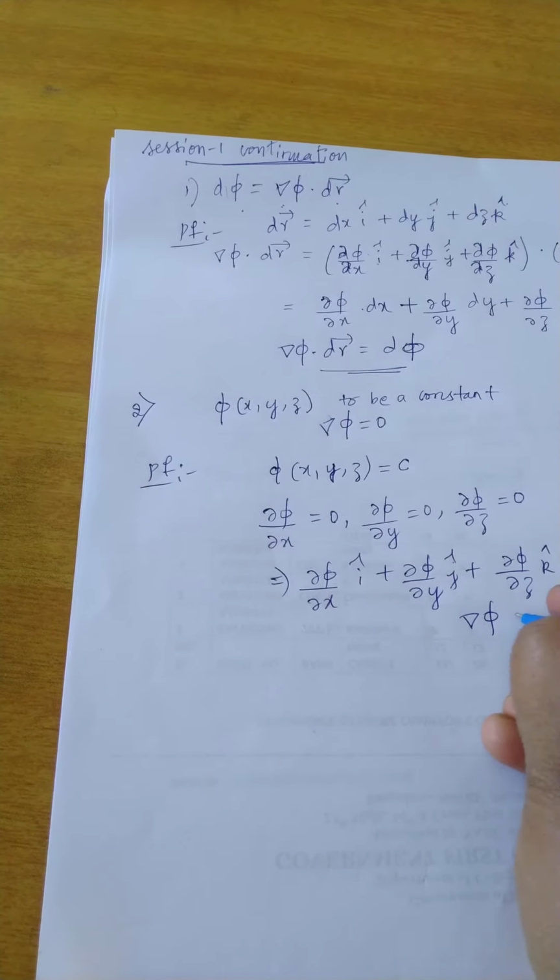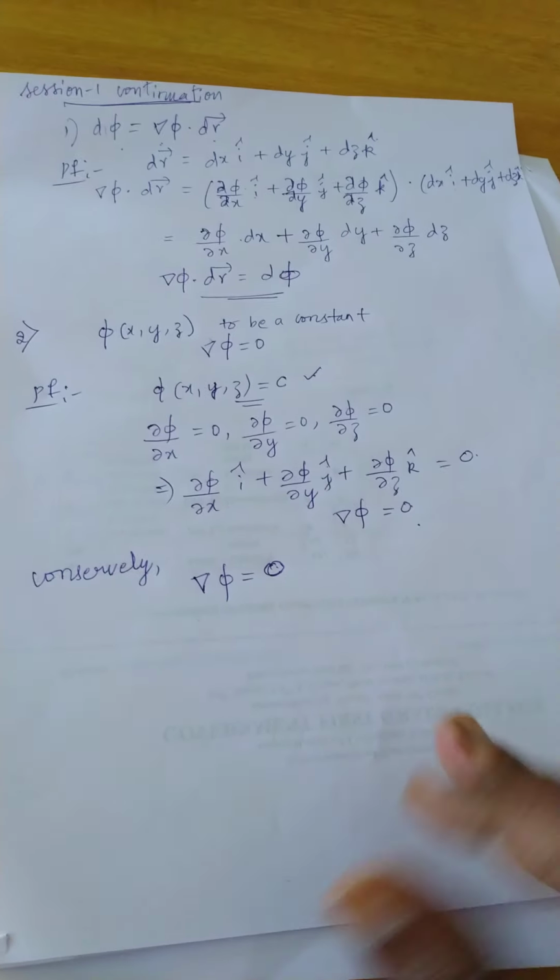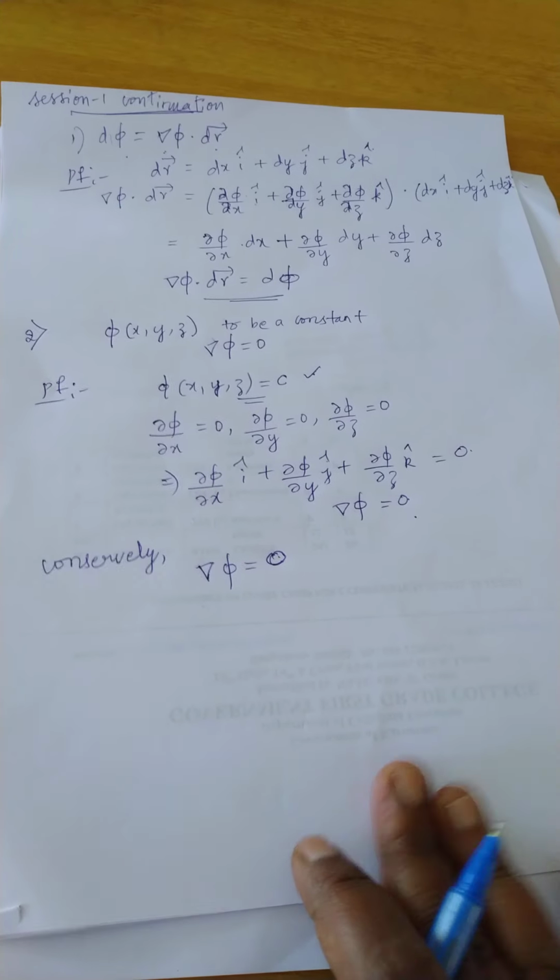Conversely, because here they are asking us to prove necessary and sufficient conditions, here we took phi is equal to c. Now let me take grad phi is 0. If grad phi is 0, I have to prove that phi is equal to c.